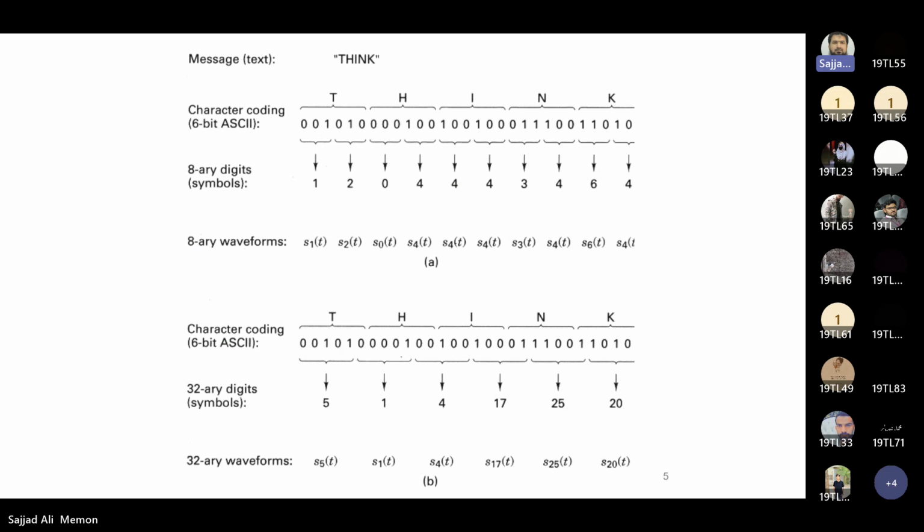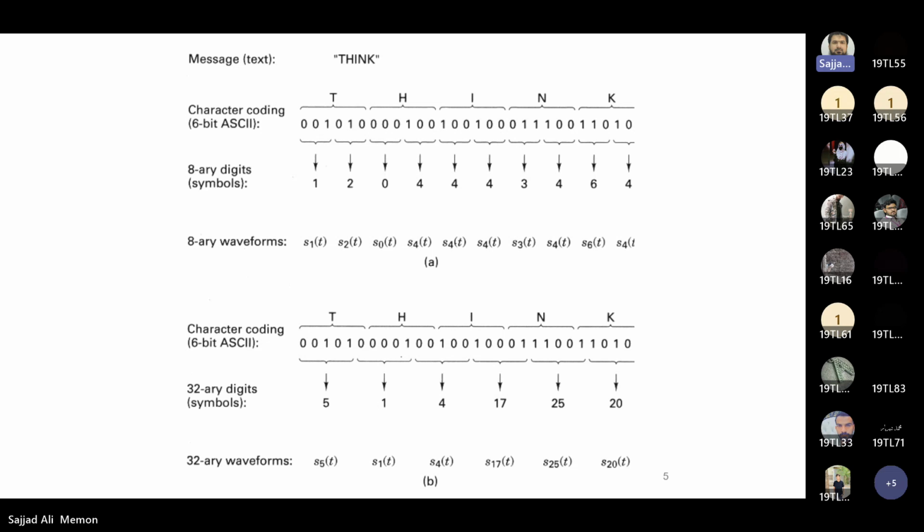You can also use 8 array digit symbols with 6-bit ASCII coding here, then 8 array waveforms will be used. This is again 6-bit and 32 array symbols, and then we have 32 array waveforms.